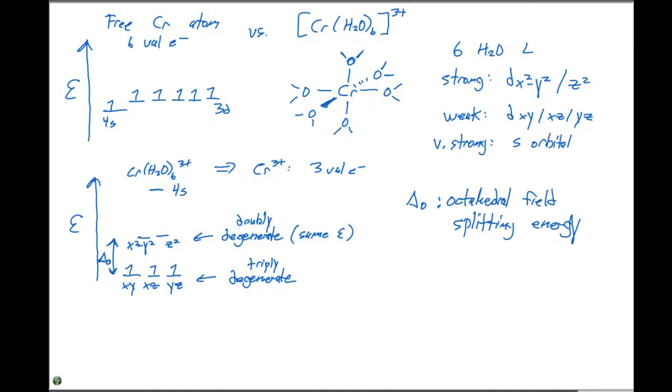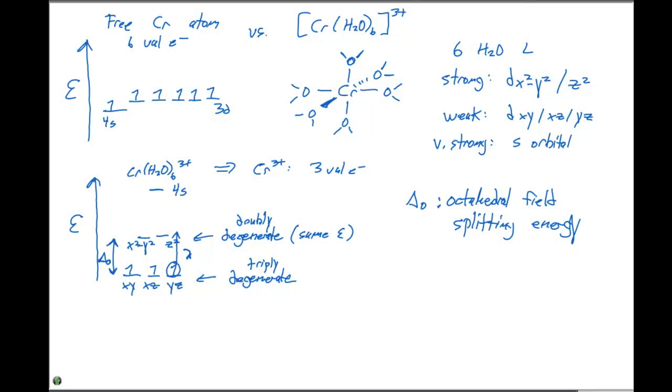In an octahedral complex, there's going to be a splitting of the d orbitals. So all 5 d orbitals aren't the same energy anymore. They're going to split into 2 different sets. The lowest energy excitation now is going to be to take an electron from here and to excite it up to here. That excitation, that absorbance energy, the lambda that we can look at, typically happens in the visible portion of the spectrum.